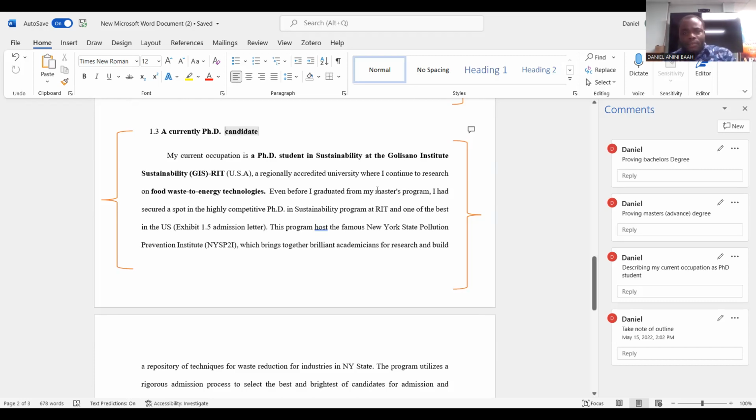Even before I graduated from my master's program, I have secured a spot in a highly competitive PhD. Exhibit 1.5, PhD admission letter. You see? So even the PhD admission letter was still relevant here. You might think, what is my PhD admission doing in such a petition? It's still relevant. The ability even to be accepted into a PhD program shows that you are a very smart person and your peers have recognized you. When you look at a PhD admission letter, what do you see?